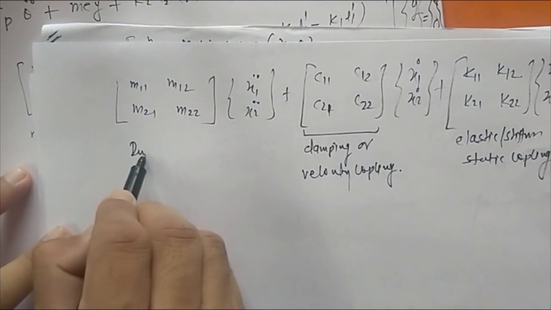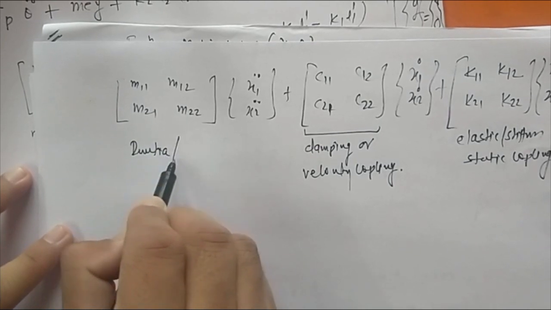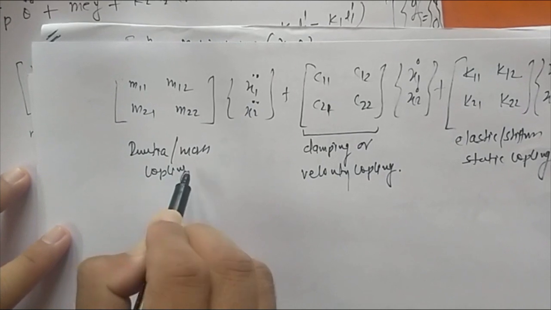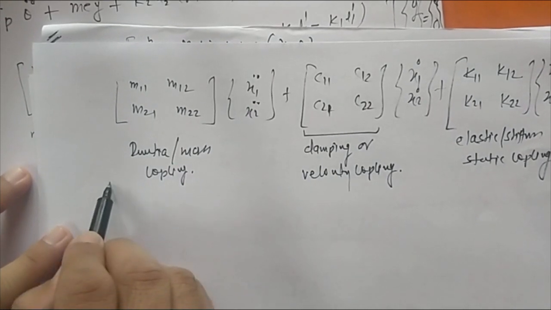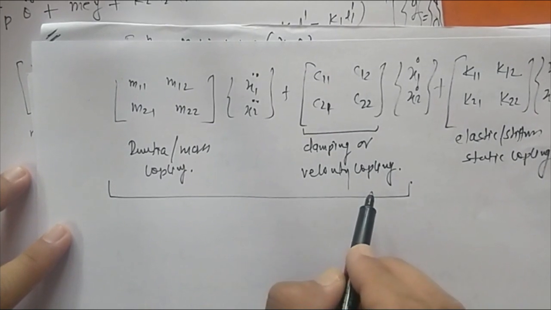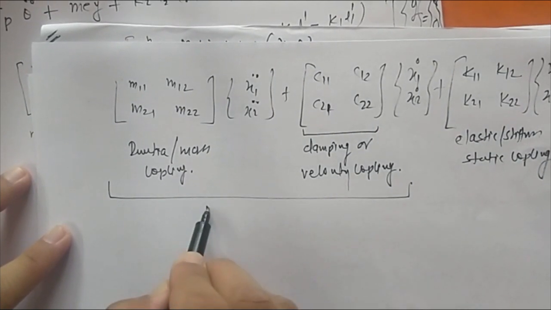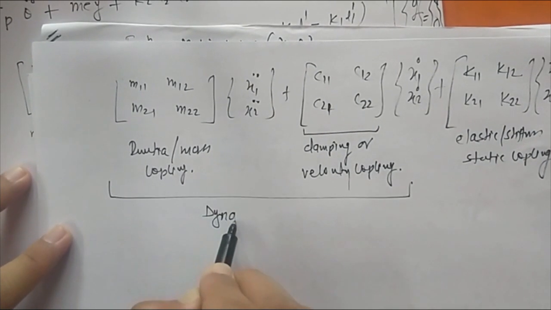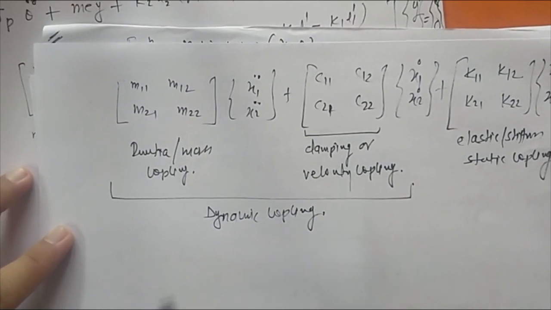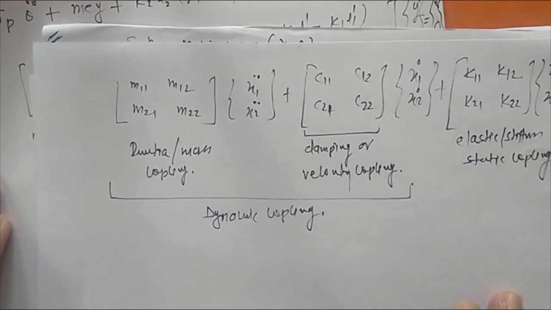So this is inertia or mass coupling. And these two couplings, both of the couplings, come under the heading of dynamic coupling.